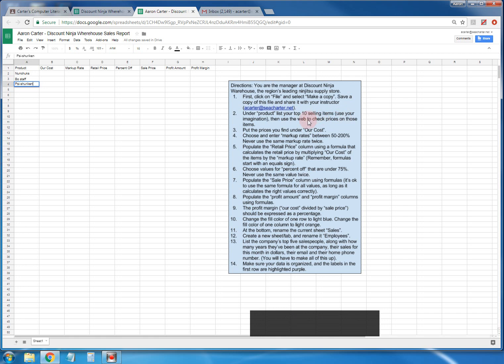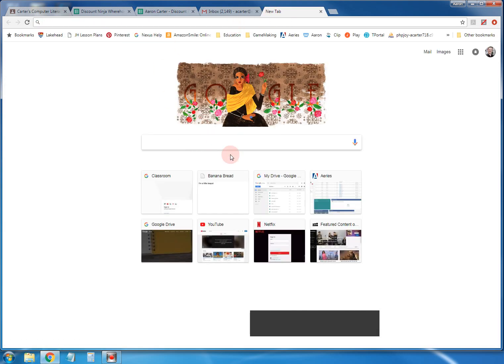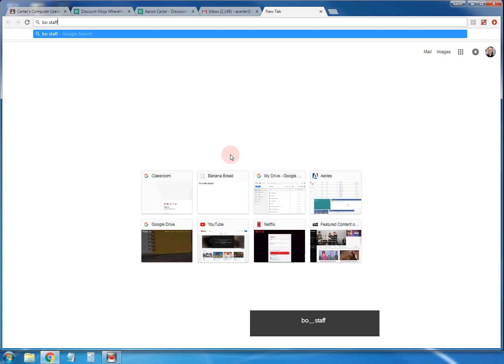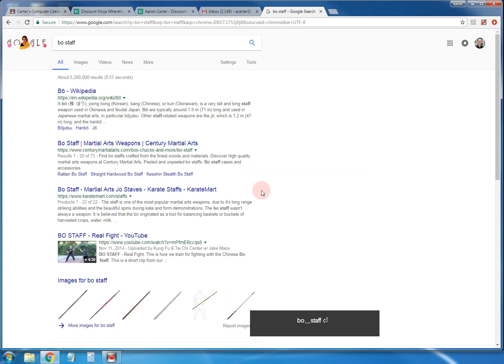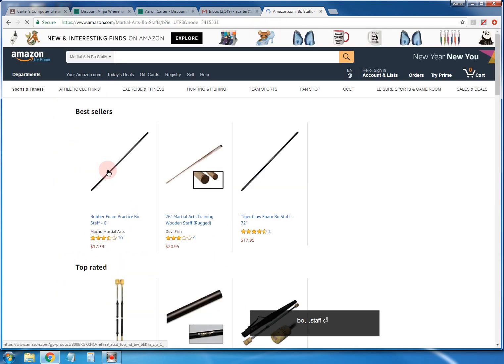Now go to the web and check prices on those items. So, I don't know. Go to the web. Bow staff. How much is a bow staff? Amazon.com, bow staffs.